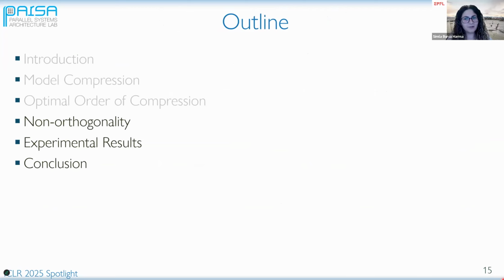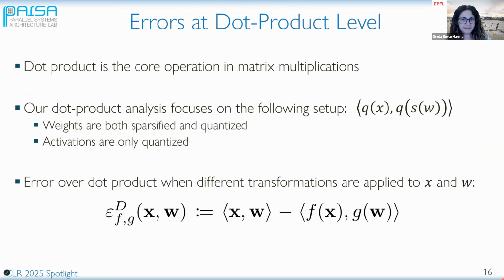Now let's zoom in further and look at what happens at the dot product level. After investigating the errors at the tensor level, we move on to the core operation of DNNs, which is the dot product operation. In our work, we focus on the general case where the weights are sparsified and both weights and activations are quantized.